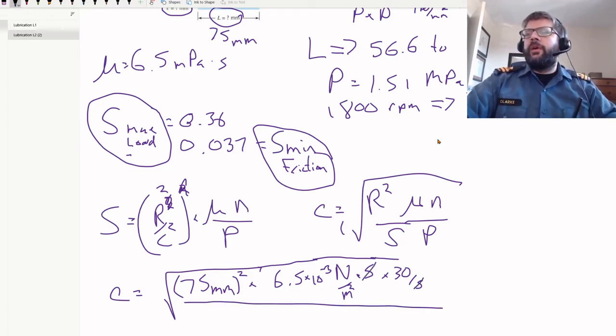All divided by our S value. I'm going to leave this there for now because we're going to plug in the two different numbers. And our P value is 1.51 newtons per millimeter squared.